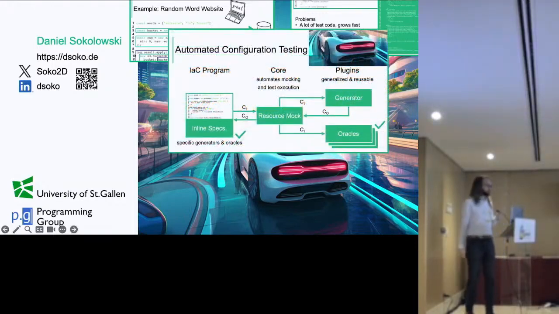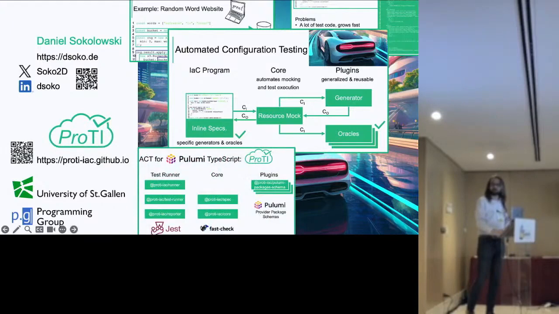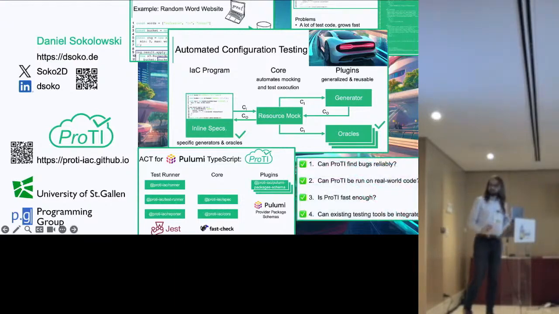Then I showed you our conceptual solution for that, a framework called automated configuration testing, which automates all this effortful mocking and moves the hard parts of it, the test generator and the Oracle implementation, from individual programs towards the community, leveraging reuse. And our implementation for it, which is ProTI for Pulumi TypeScript. There's the QR in the website if you're interested. And at the end, I quickly summarized the evaluations we did so far. Thanks for your kind attention and looking forward to your questions.